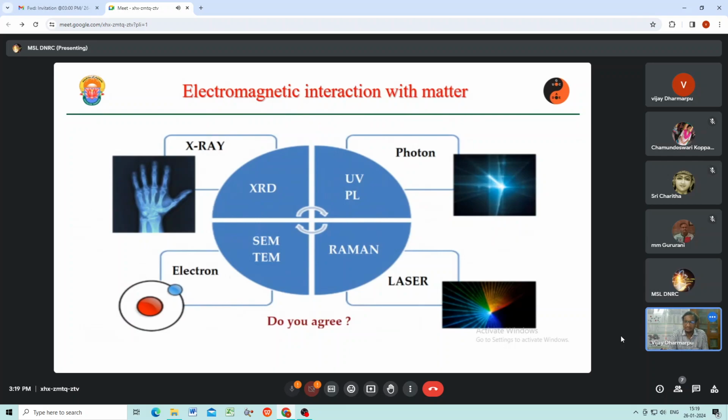The same goes for electrons: with SEM and TEM we get pictures of the particle size or formation of particles, and how they are aligned.